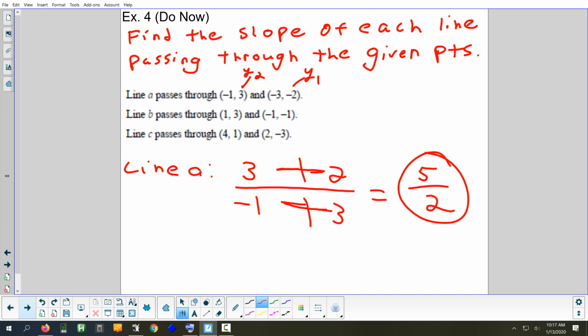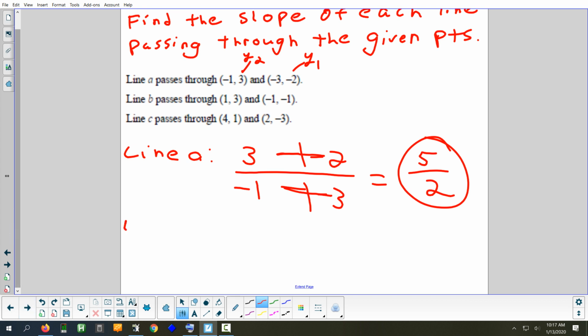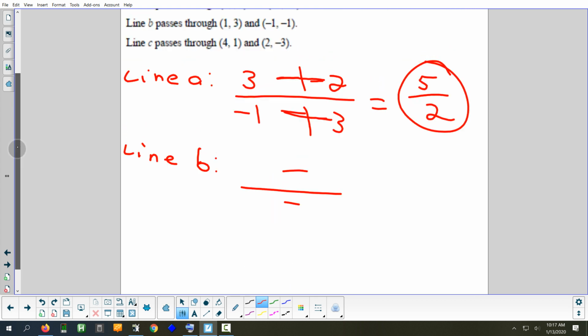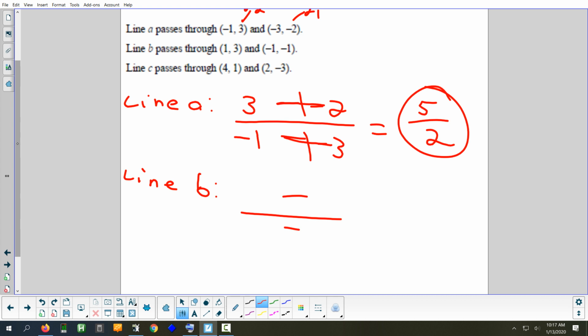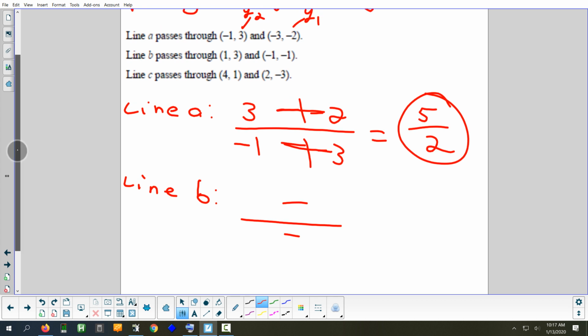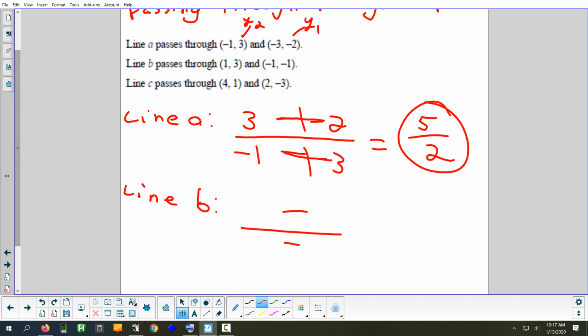All right. So let's check the slope of line B. Can you tell me for line B what's going to go in the upper left? We'll follow the same pattern that Joe started us off. 4.